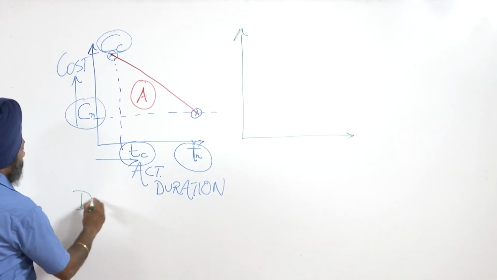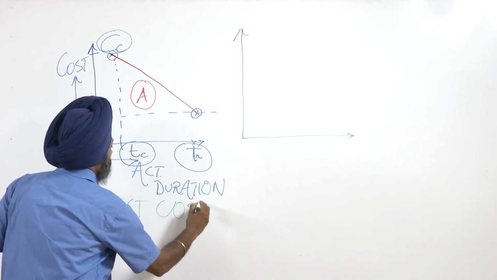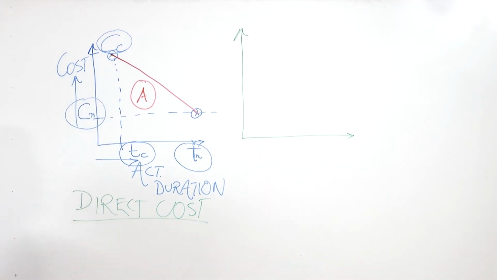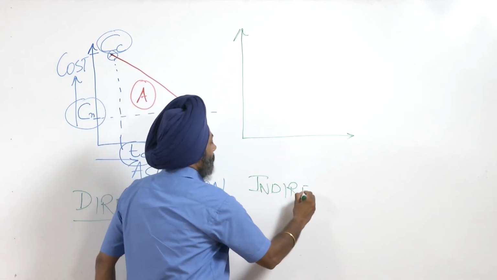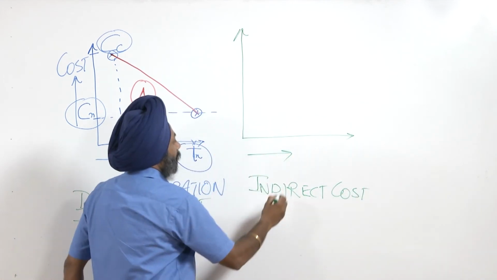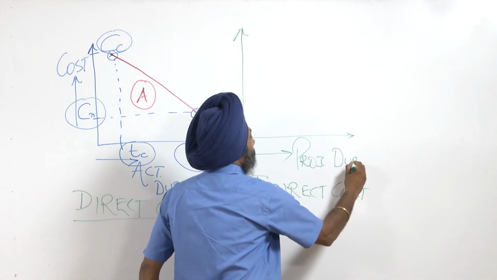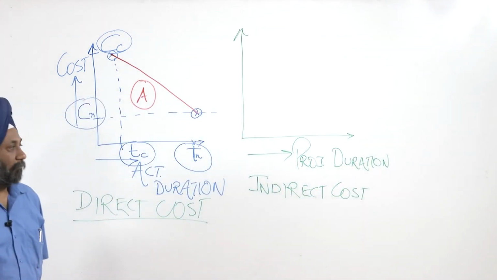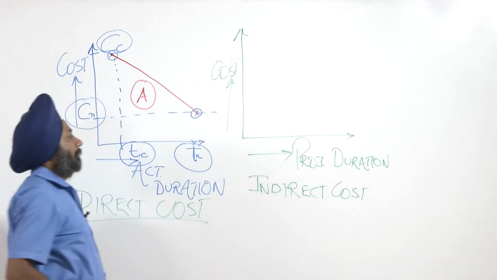So this is the direct cost for activity A. Now this is the indirect cost, and in this case here we have the project duration. And this is our cost.